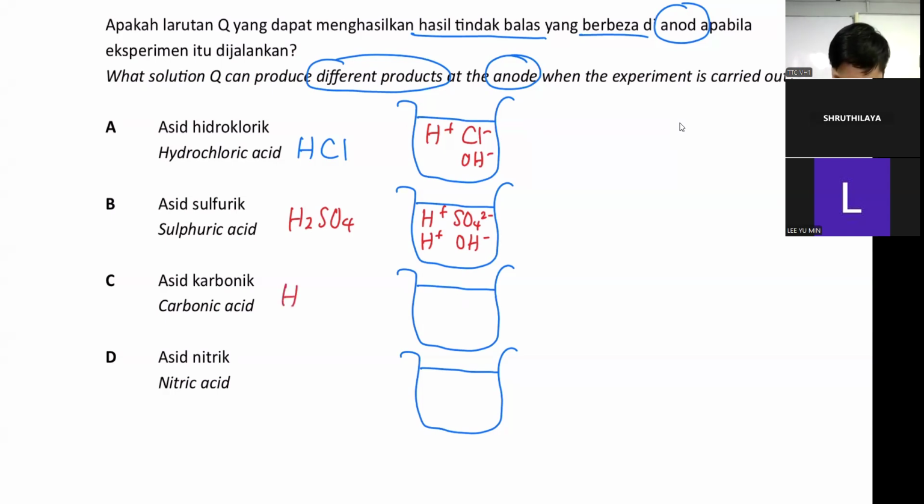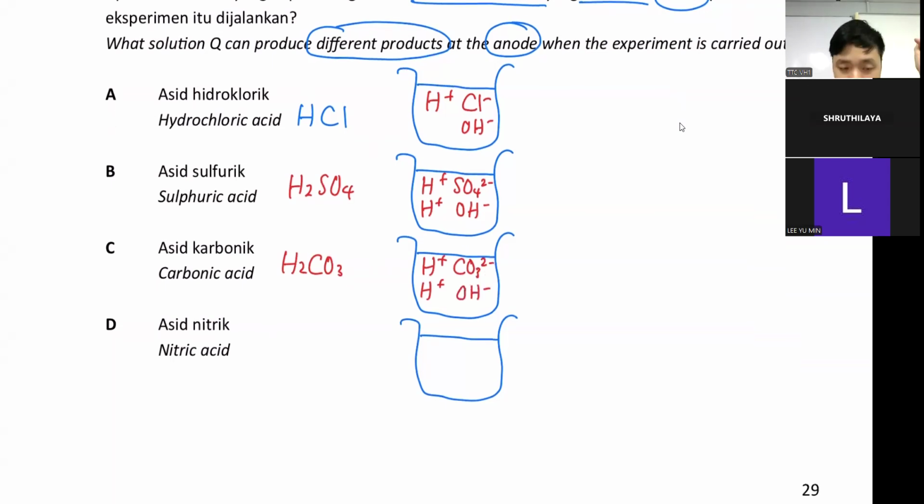C, carbonic acid is H2CO3, containing H plus, CO3 2 negative, and OH minus. We don't learn much about carbonic acid because it is very unstable. Normally this acid quickly decomposes into carbon dioxide and water. D, nitric acid contains hydrogen ion, nitrate ion, and hydroxide ion.